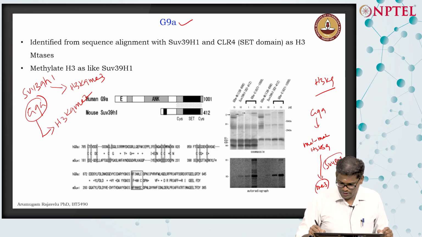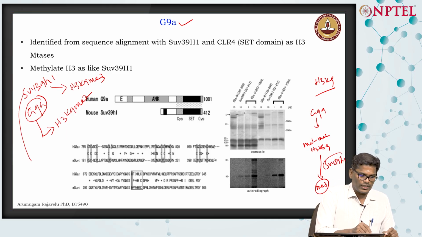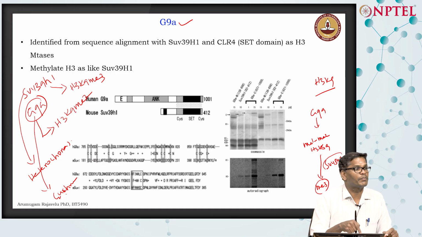So that means dimethylation is not a repressive mark? No, this is also repressive, but not a heterochromatic mark. SUV is the heterochromatic enzyme and G9A is the euchromatic enzyme, but it's repressive.